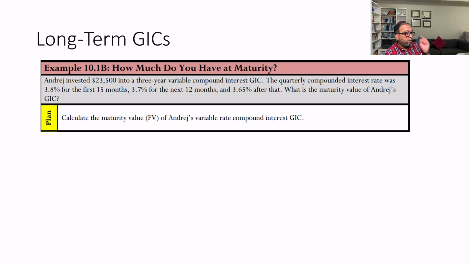We have to calculate it by first finding i for each period. There are 3 time periods. The first i is 3.8% quarterly, so we divide it by 4 and get 0.95%. This is the first period.